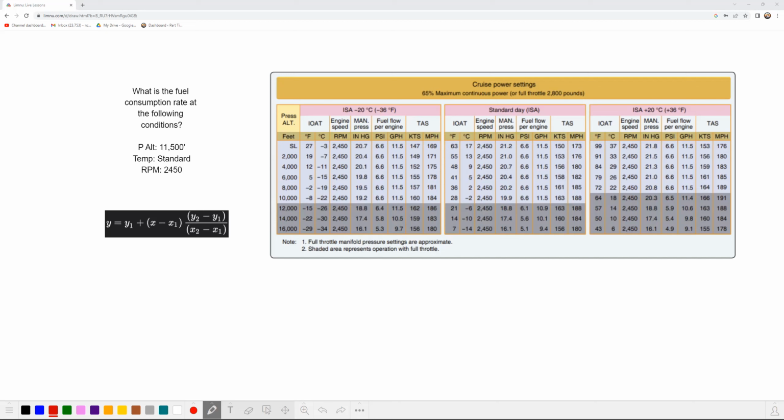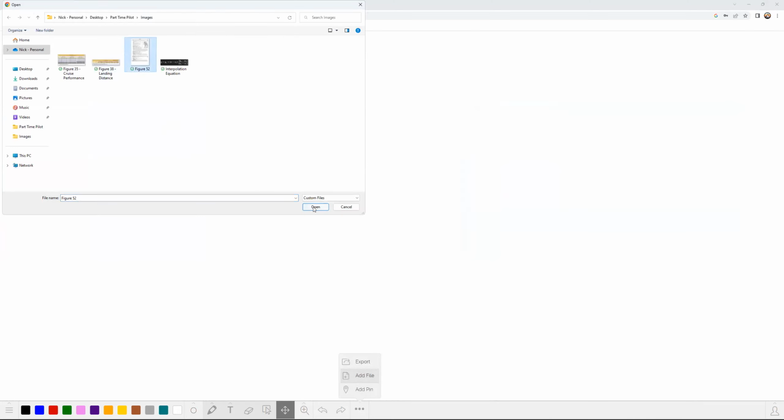That Airman Figures PDF. Come on. All right, figure 52. Let me get this here. Okay, hang tight, guys. I am loading this figure up as we speak so we can all see it here.